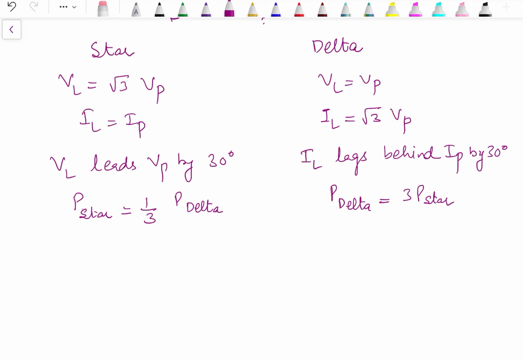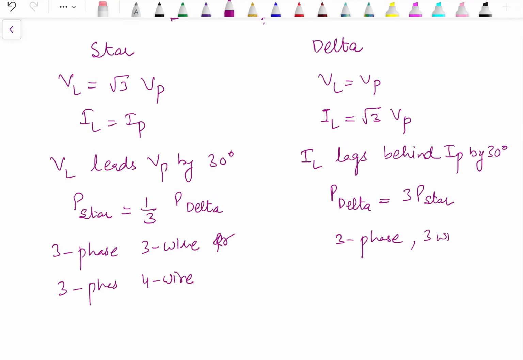In case of star connected system, we can have a 3 phase, 3 wire system, or we can have a 3 phase, 4 wire system. While in case of delta, we have only a 3 phase, 3 wire system.